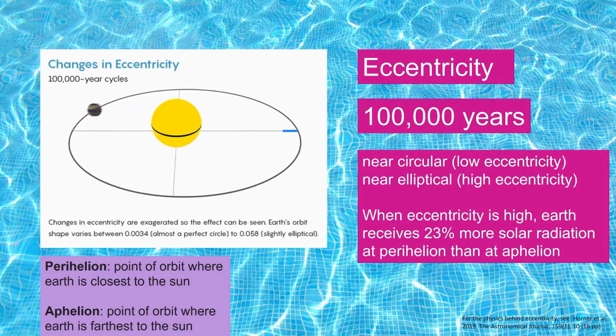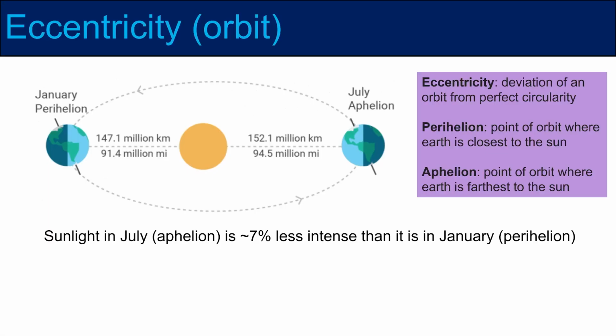This is a slow-moving process that takes 100,000 years to go through a full cycle. But this is only one of the changes of the orbit.